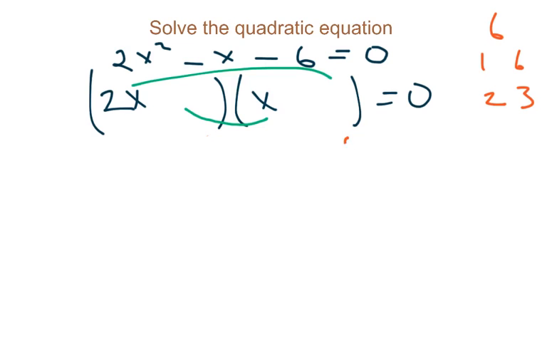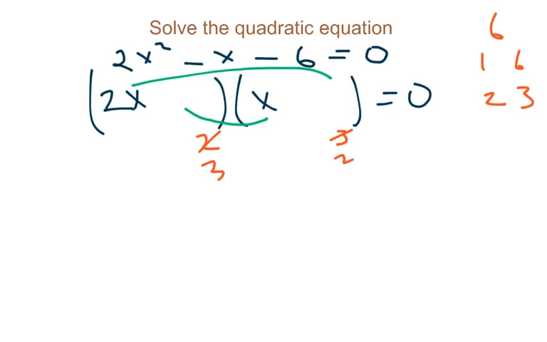Let's try 2 and 3. Now 2x multiplied by 3 gives me 6x, and the 2 multiplied by the x gives me 2x. Again, I can't possibly make an x or a minus x out of that, so it can't be 2, 3. Let's try the other one, which is 3, 2.